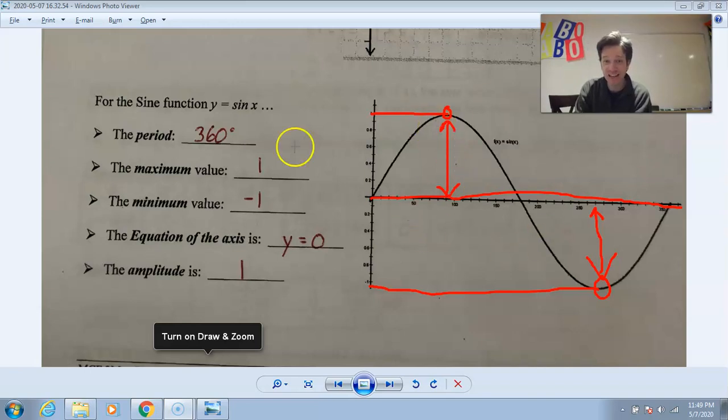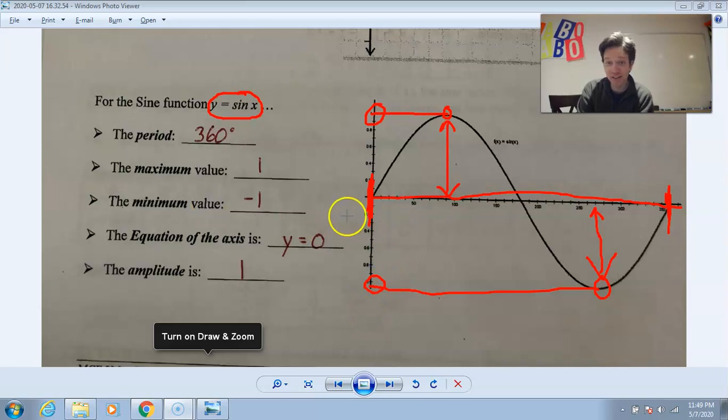So for our basic example of y equals sine x, the period, or the length of one full cycle, goes from here, 0, up, down, and back to 360. So that distance there is 360 degrees. The maximum value is here at 1, and your minimum value is here at -1.